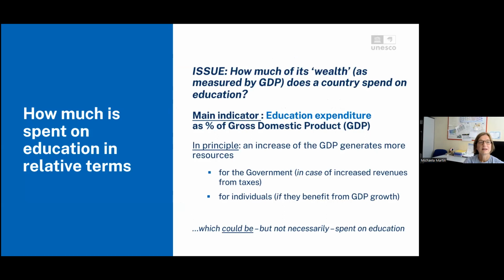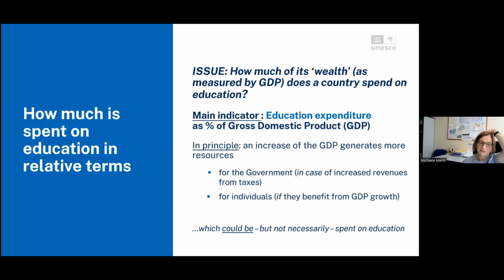So now here comes the next question. How much is spent on education in relative terms? The issue here is how much of its wealth, as measured by the gross domestic product, the GDP, does a country spend on education? Through this indicator, the main indicator being education expenditure as a percentage of gross domestic product.